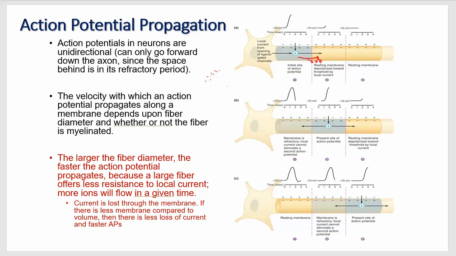But, which is what the second thing says, it depends on the fiber diameter and whether or not the fiber is myelinated. Okay, so that's our point. The larger the fiber diameter, the faster it's going to go. Current is lost to the membrane if there's less membrane compared to the volume, but we're going to myelinate them.